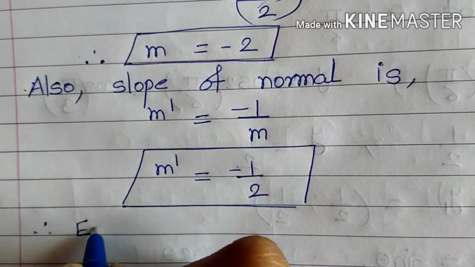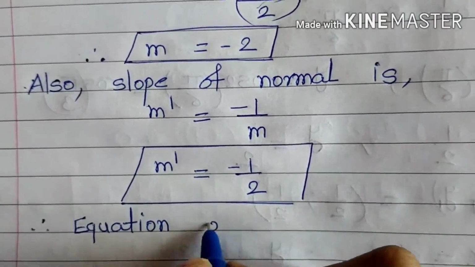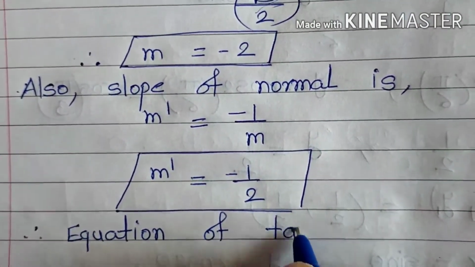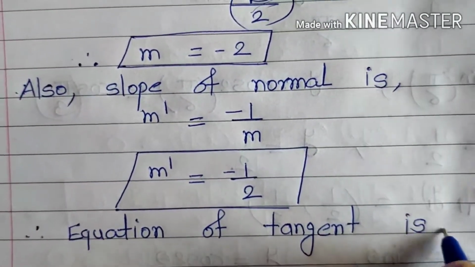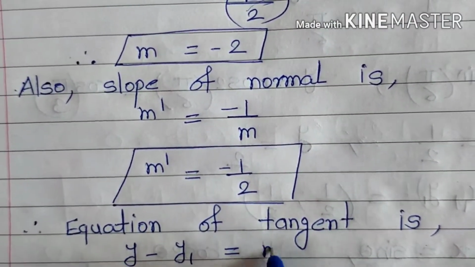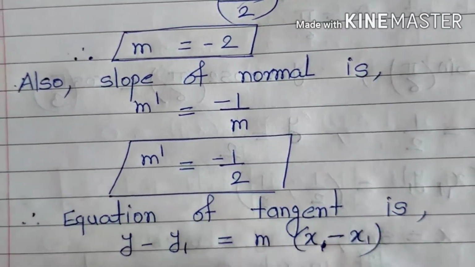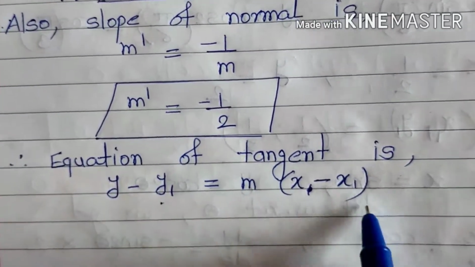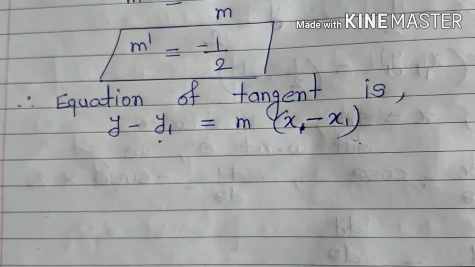Therefore the equation of tangent is, write the formula y minus y1 is equal to m x minus x1.